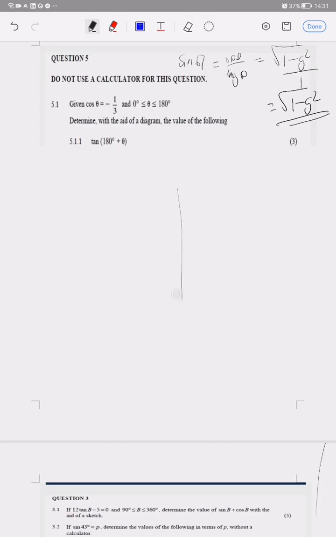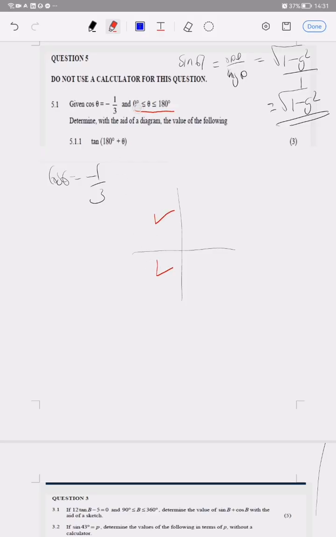So I just draw a Cartesian plane. We want where cos is negative, so cos theta is equal to negative 1 over 3. It's a tick and an arc problem. Why am I saying it's an arc? In an arc problem, we will always be given an angle between 0 degrees and 180. So we want where cos is negative, so it's negative here and here.